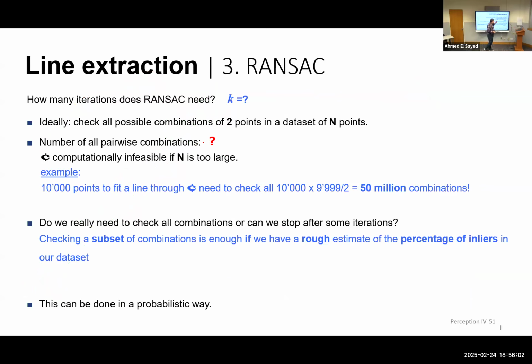Can we sample all the possible samples? That's impossible. If we have, for example, 10,000 points we want to fit with a line, we will find that we need to sample 50 million combinations. Is this feasible?